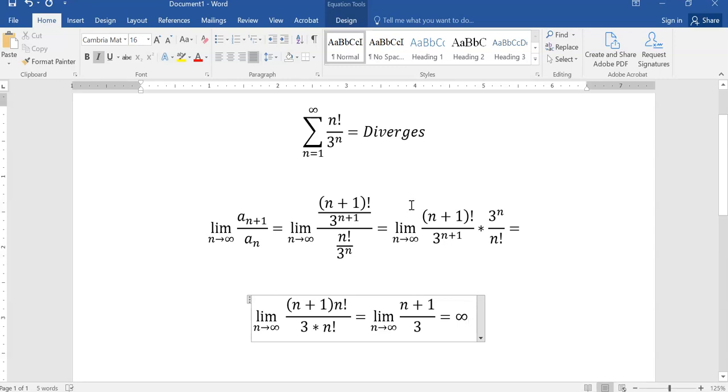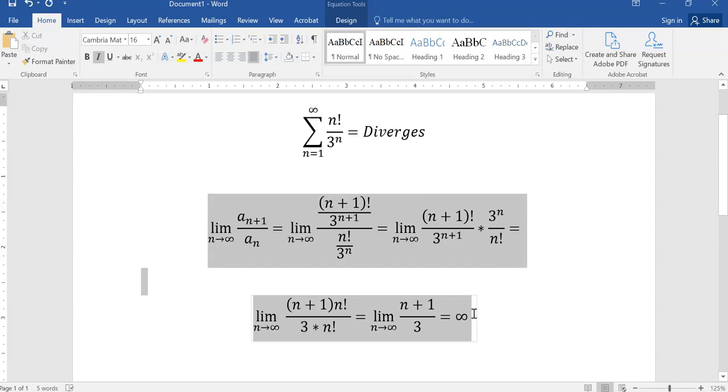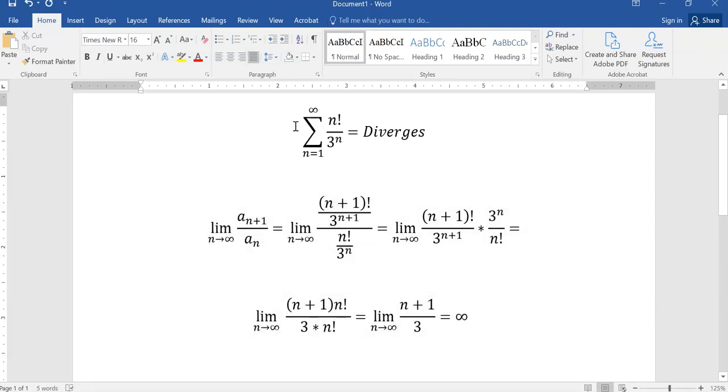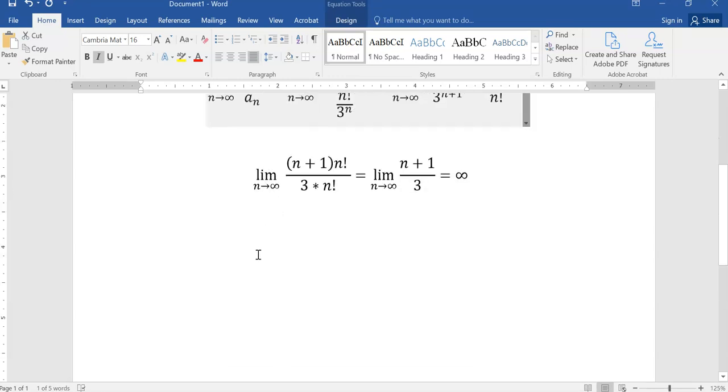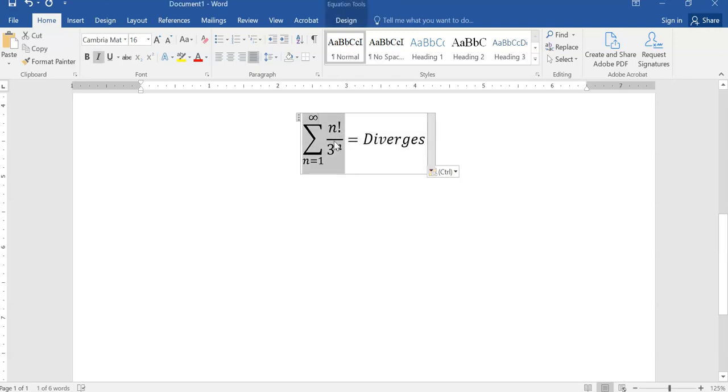Now, I want to point out what the ratio test is actually accomplishing. And once we see what the ratio test is actually accomplishing, we can skip the calculations and go right to the end result. So let me take a look at this infinite series once again. And I claim that I should have already known that this diverges because of this underlying sequence n factorial over 3 to the n.